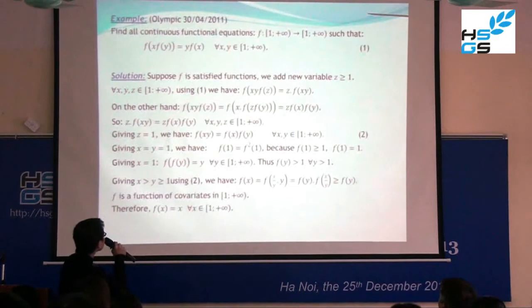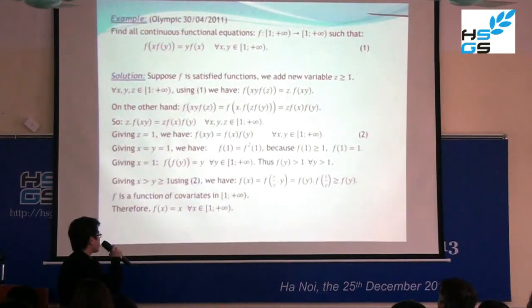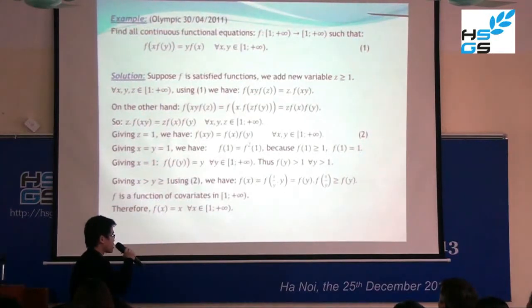And giving z equal 1, x equal y equal 1, and x greater than y greater than 1 in turn, we have the result f(x) equal x for all x from 1 onward.